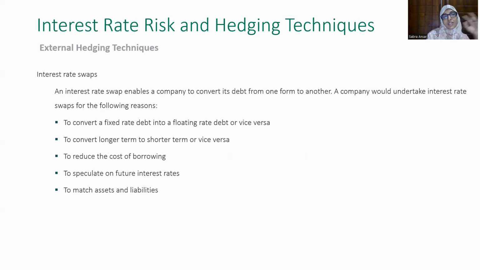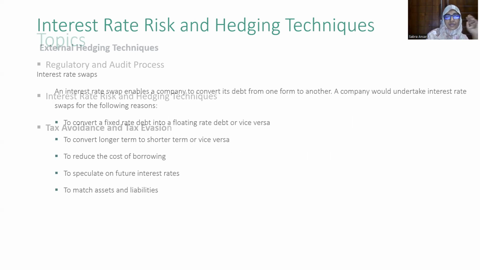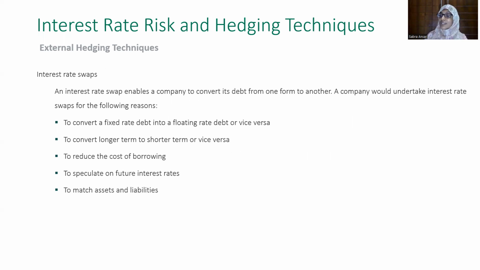The last one is called interest rate swaps. So what is an interest rate swap? We're talking about the last external hedging technique, which is the interest rate swap. An interest rate swap basically enables a company to convert its debt from one type to another.